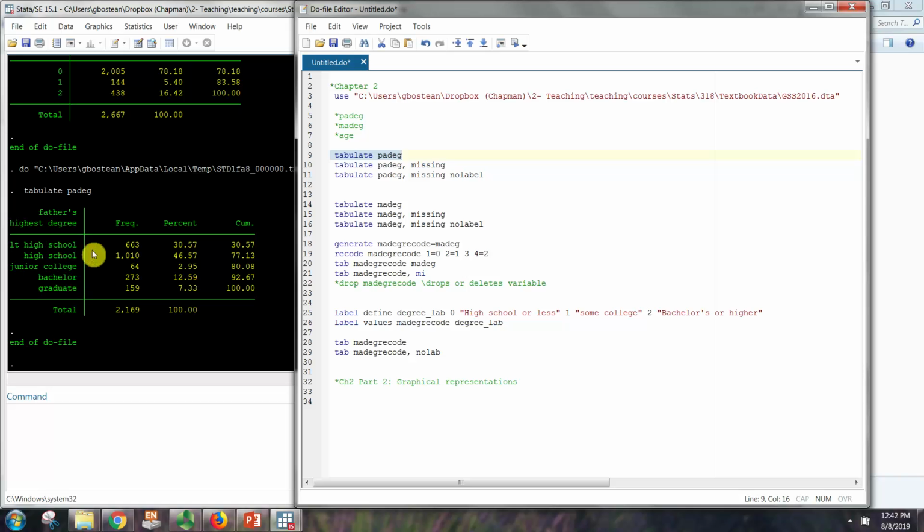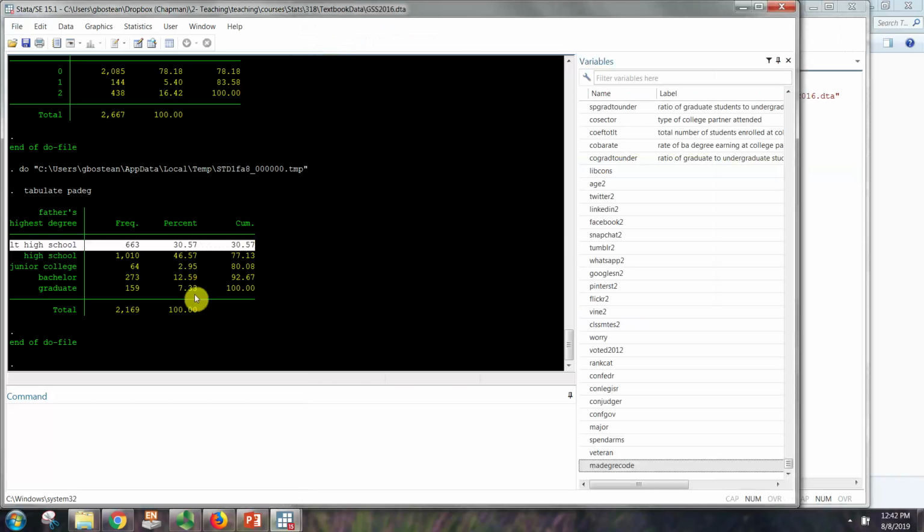It's really categories: less than high school, junior college, bachelor, and graduate. And this frequency distribution will tell us what percentage of our respondents reported each of these categories.